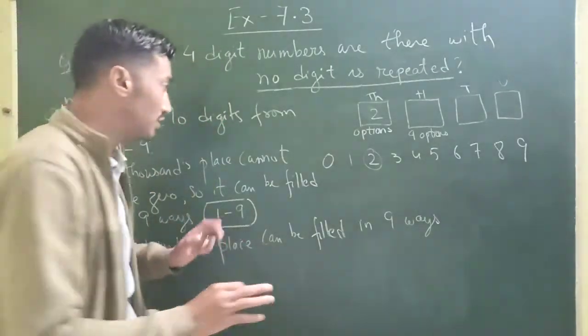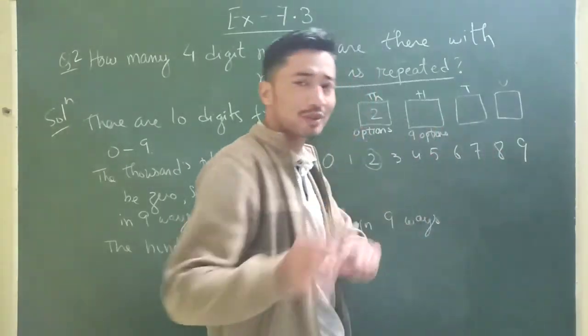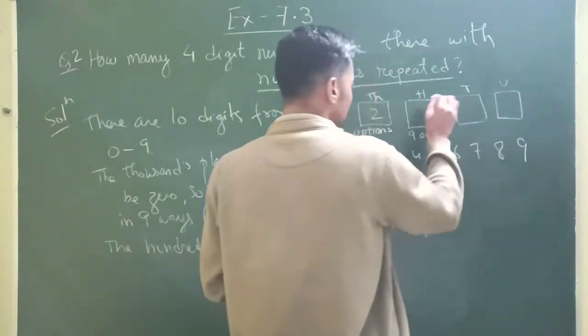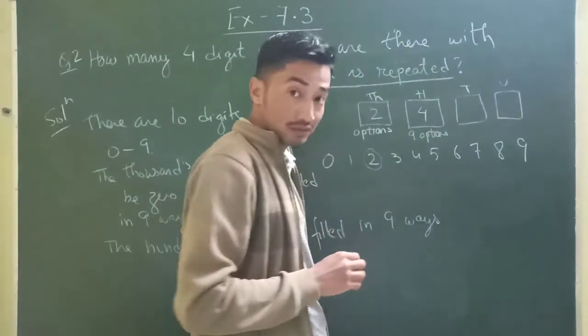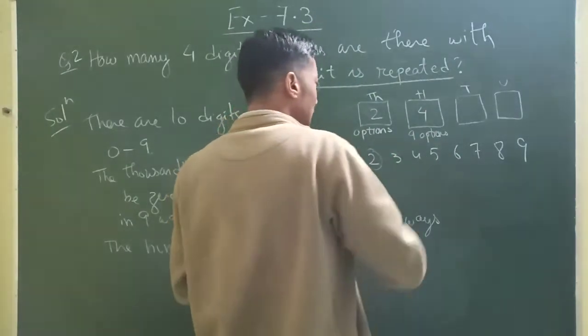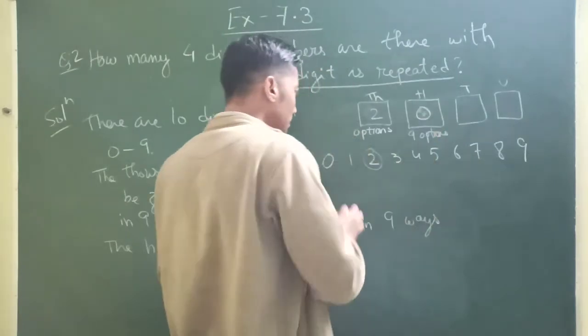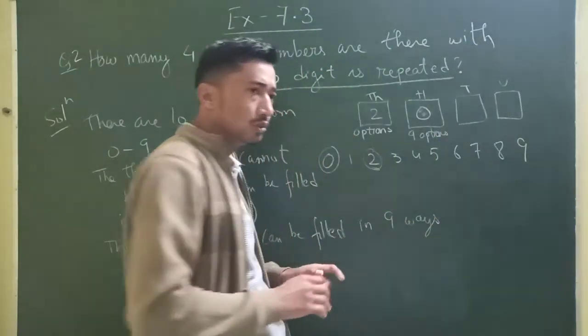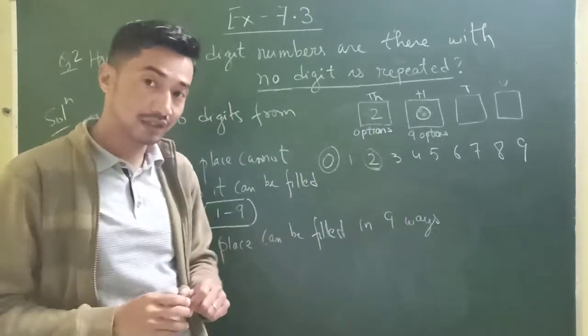Now it's almost similar to the previous question. In the tens place, let's say I've used 0 and I've already used 2. We can use any number, but you will always find this arrangement only.